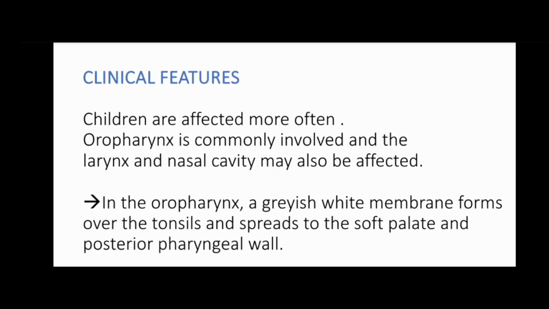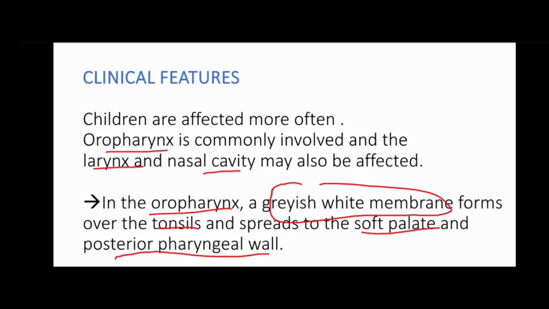And clinical features. Children are more affected because they have a low immune system. The oropharynx is most commonly involved, and the larynx and nasal cavity can also be affected. In the oropharynx, a grayish white membrane forms over the tonsil and spreads to the soft palate and posterior pharyngeal wall.